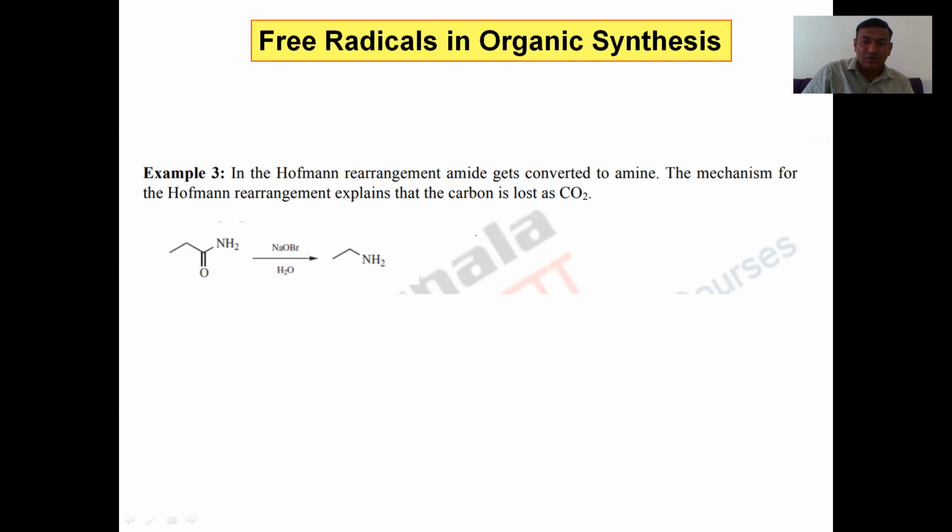And there, how the radical is initiated, you can see this NaOBr. So there will be formation of a radical, right? So in this reaction also you can find the free radical reaction mechanism.